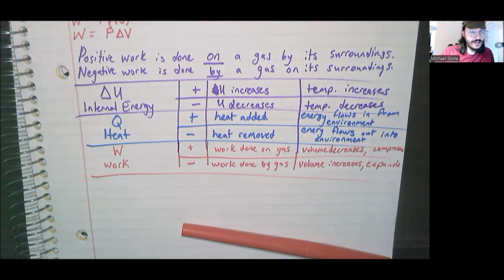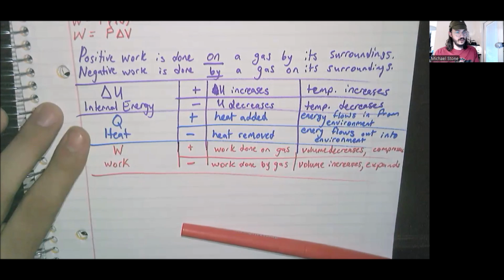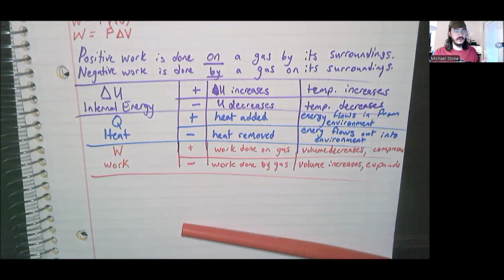Is thermal energy flowing in from the surroundings of the nail? No. I imagine the room and the wood and the nail are probably all at the same temperature when you start. So let's say that Q would just be equal to 0. Is work done on the nail? Absolutely.